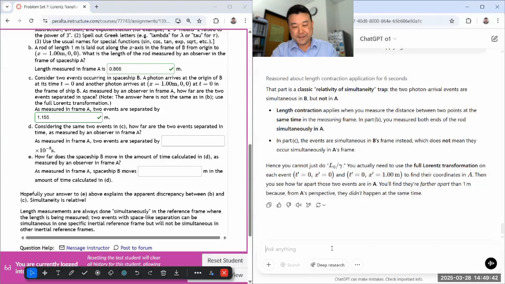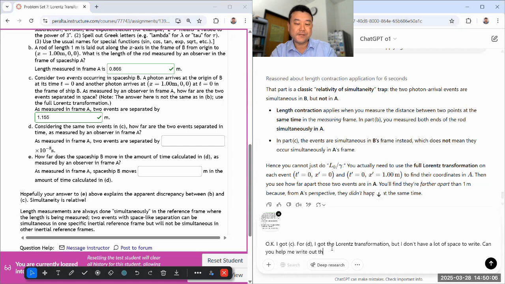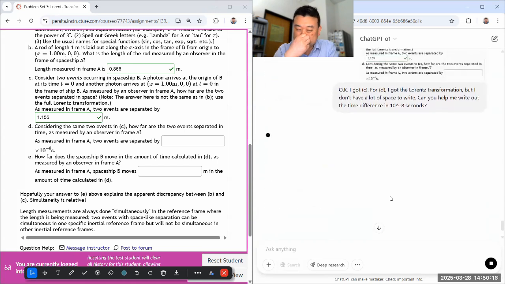Okay, this part I don't quite recommend as much, but I got the Lorentz transformation, but I don't have a lot of space to write. Can you help me write the time difference in seconds, in 10 to the minus 8 seconds? And hopefully it'll give all the details.